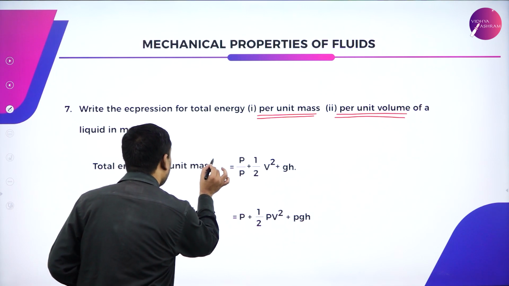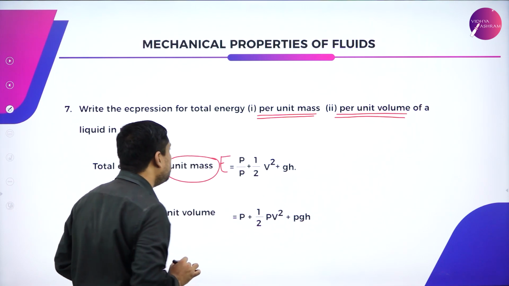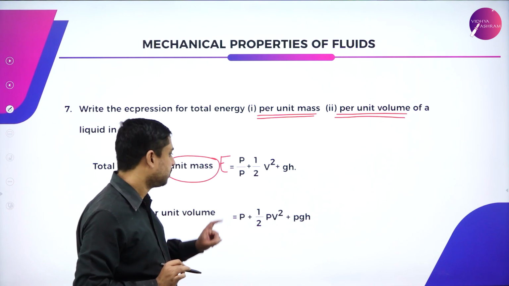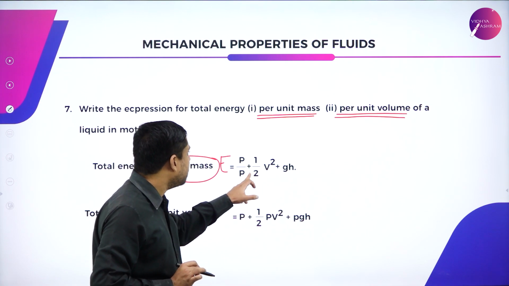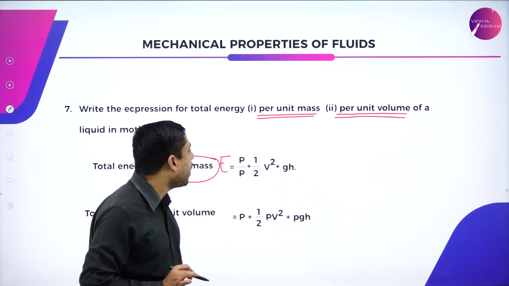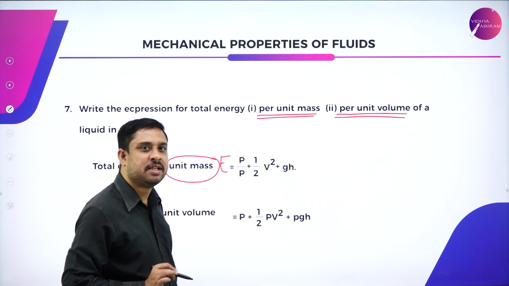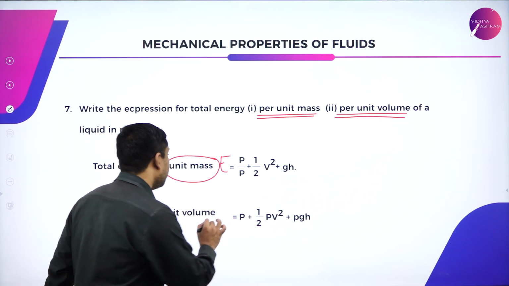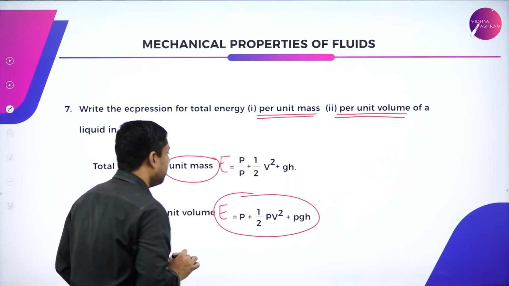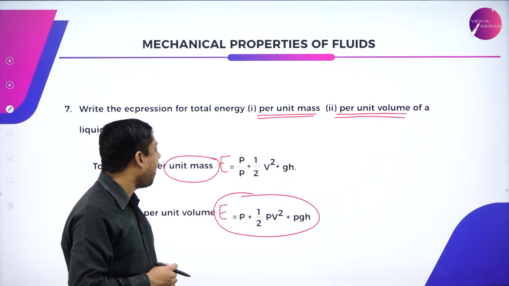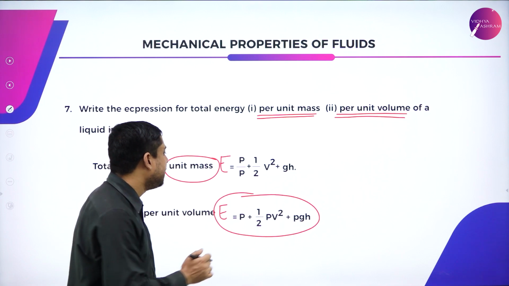So, total energy per unit mass: P by rho plus half v square plus gh. Per unit volume: P plus half rho v square plus rho gh.